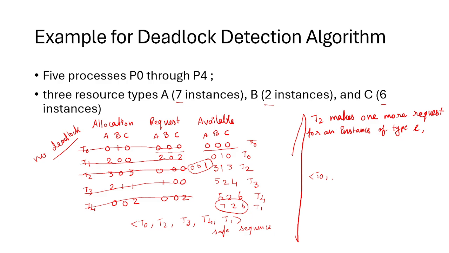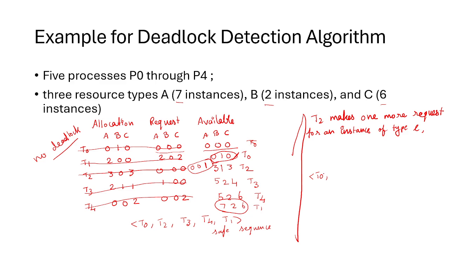Then T1 cannot execute. T2 is requesting, so it is not able. We don't have any instance of any resources, so T2 cannot execute. It won't release anything. This is the available resource after T0 completed its execution, but it cannot meet the request.